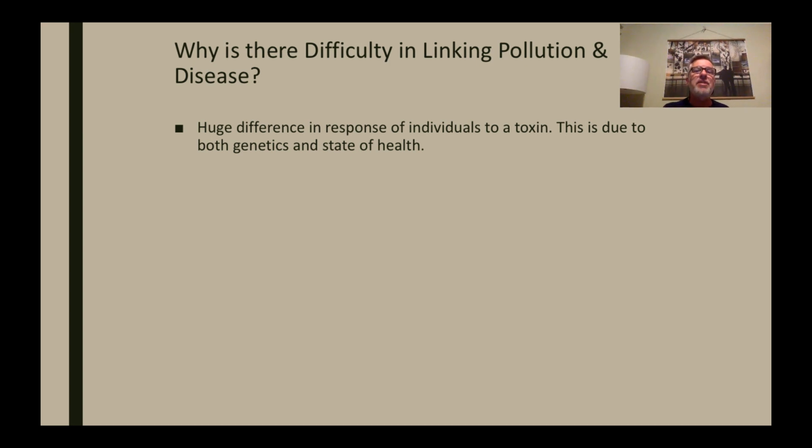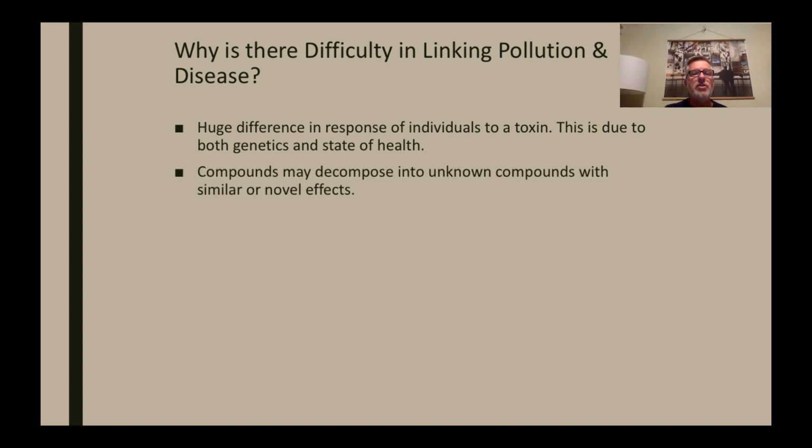So there's a lot of individual variation in humans in their response to a toxin. A second reason that it's difficult to link pollution to disease is that compounds often decompose into unknown compounds with novel effects. In other words, we don't know what these compounds are, we haven't studied them before, and now they have effects that have never been studied, so it's difficult to link pollution to the disease because nothing is known.